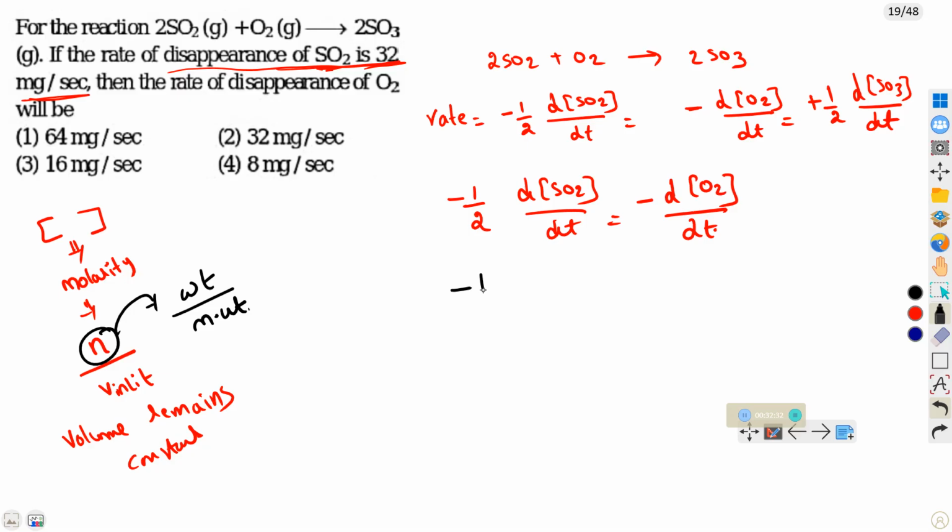So minus 1 by 2, dt cancelled, volume cancelled, remaining number of moles. Number of moles is weight by molecular weight. Milligram per second. Weight of SO2 is 32. The options are also given in terms of milligrams.